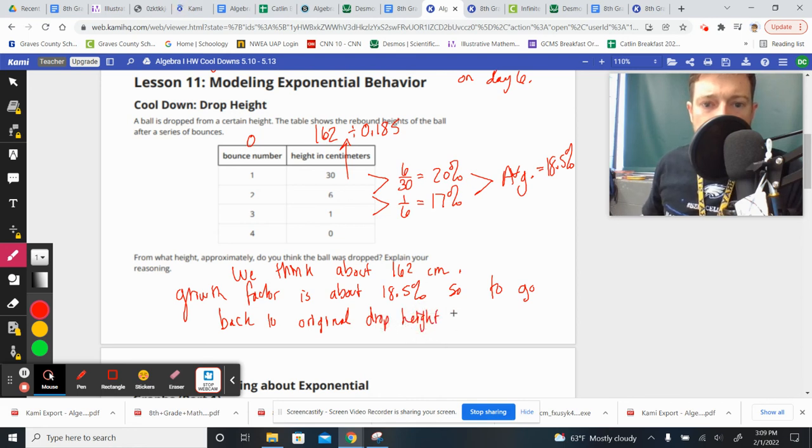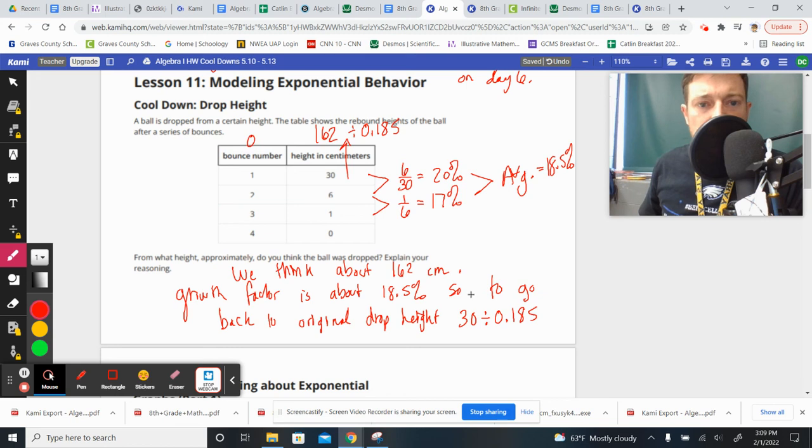We divided 30 by our growth factor of 0.185, 18.5%. And that took us back to 162 roughly.